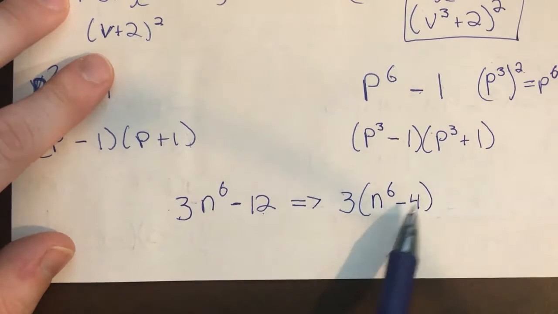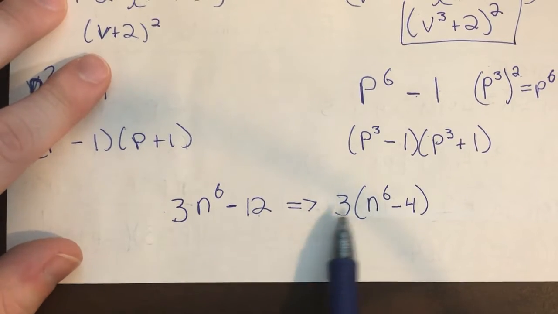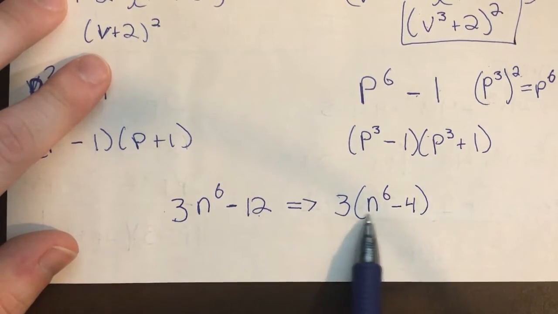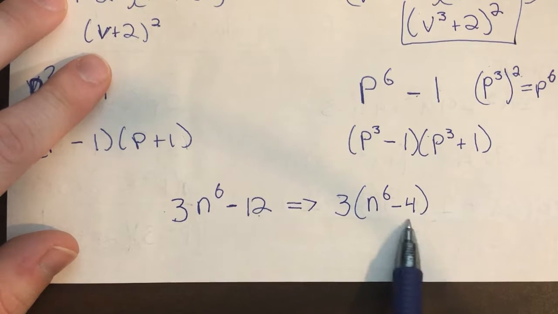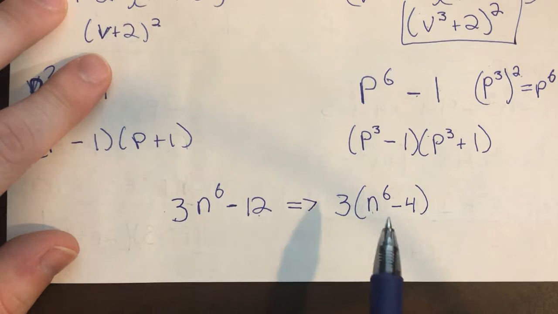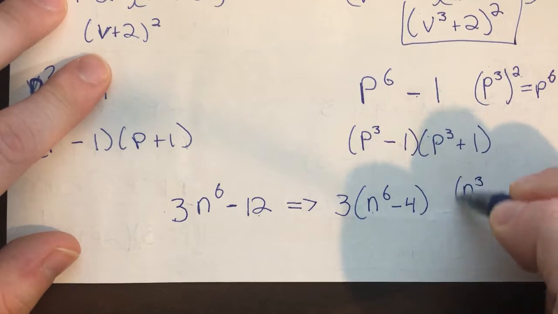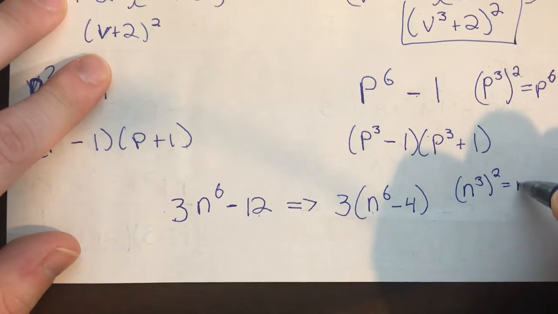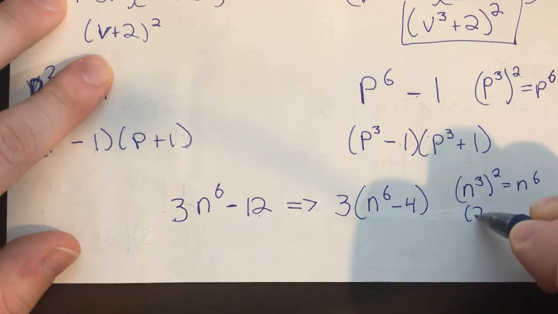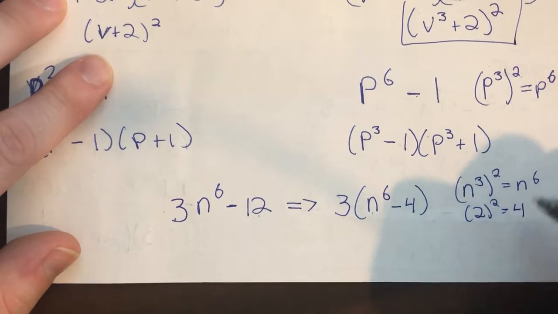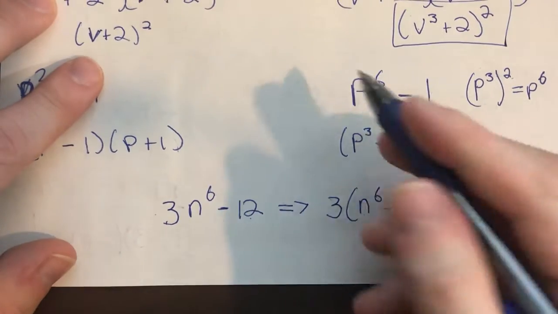Oh, nice. Okay, so notice that comes out, and it's not a quadratic, but it is a quasi-quadratic because n cubed squared is equal to n to the sixth, and 2 squared is equal to 4. So this is a difference of squares.